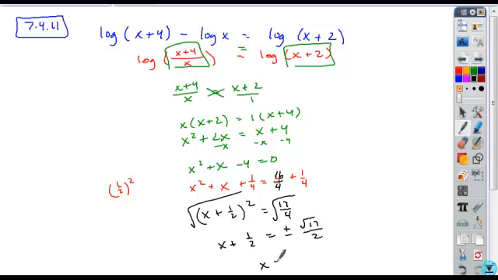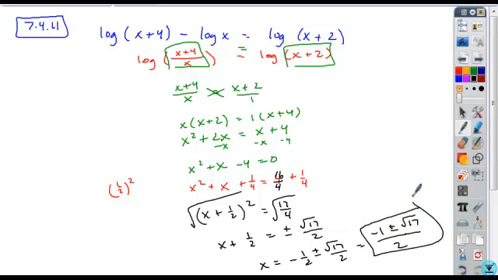Subtract 1/2 from both sides, which I'll write in front of the plus minus. If I combine this all into one single fraction, I get (-1 ± root 17)/2. This would be my exact answer. The question asks for decimal form, so you are going to put this into decimal form.